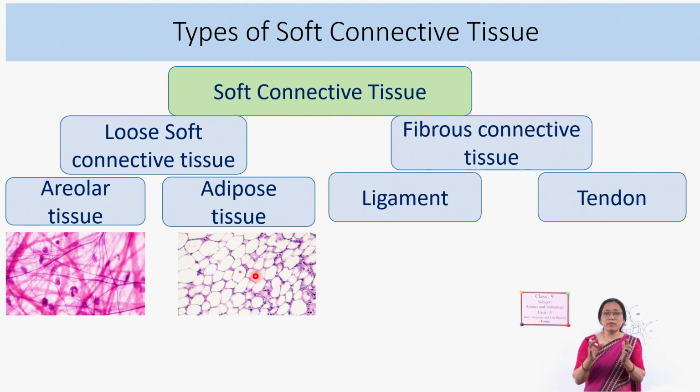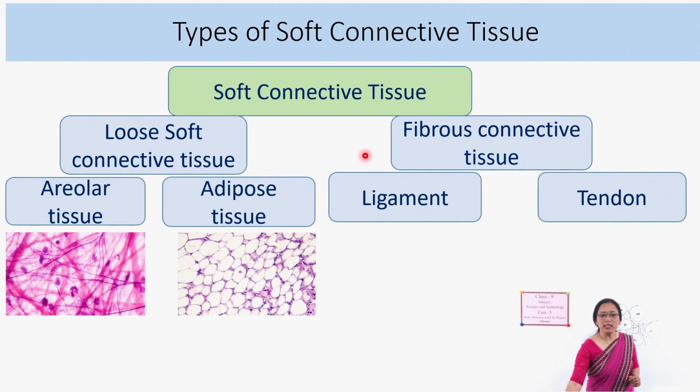That means it is a mechanical shock absorber, and this also helps to maintain the body temperature. That's why in winter season fat people feel less cold than thin people.